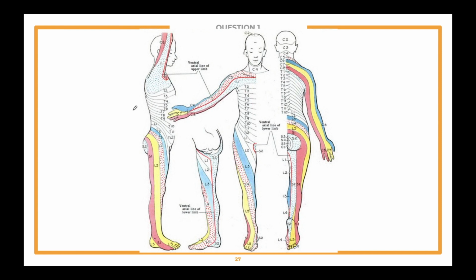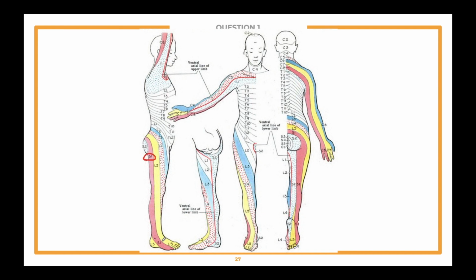You can see on a couple of those pictures that the lateral portion of the foot is innervated by your S1 dermatome. So your S1 dermatome is innervating that lateral part of your foot.